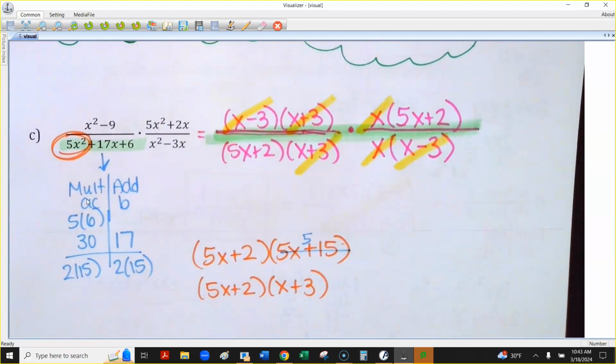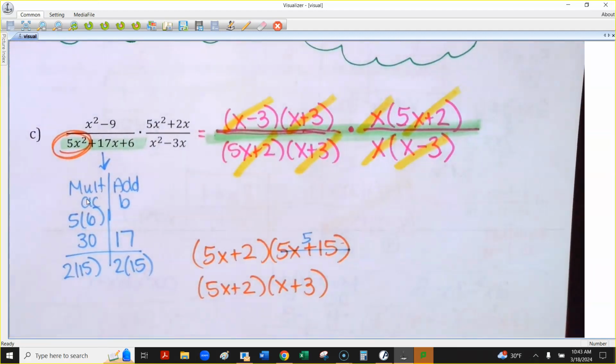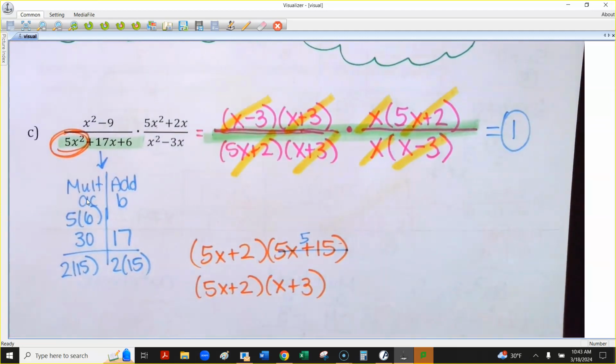And, ooh, actually this 5x plus 2, 5x plus 2. What will my answer be? 1. Like if you had 5 over 5, right? You wouldn't tell me 0, you'd tell me 1. It's like everything on the top matched everything on the bottom, so you're dividing something by itself, that's going to be equal to 1. That was not my intention, but apparently that's what happened.